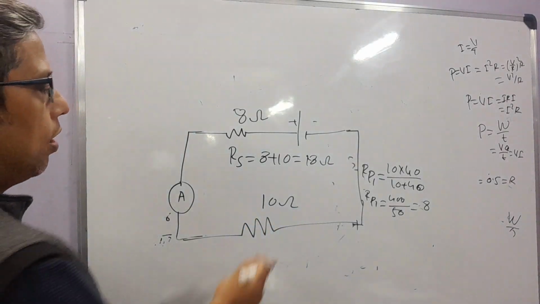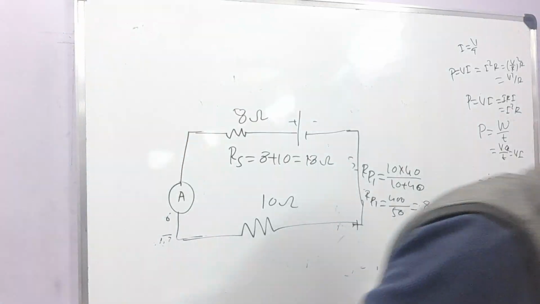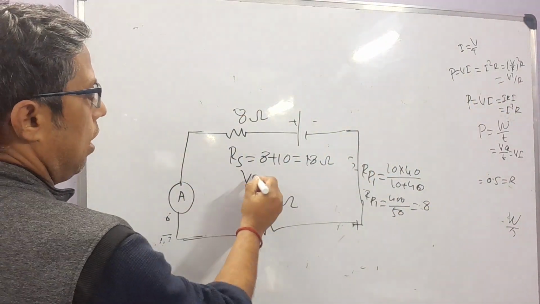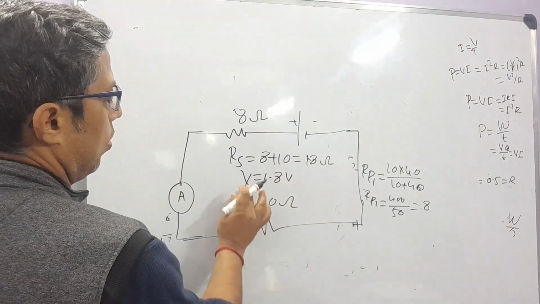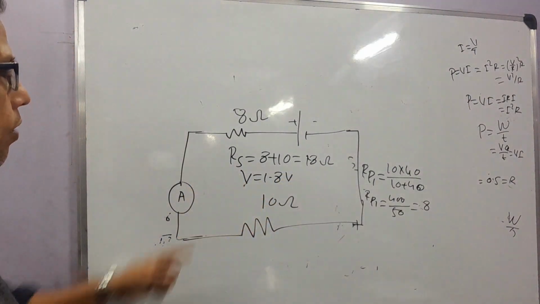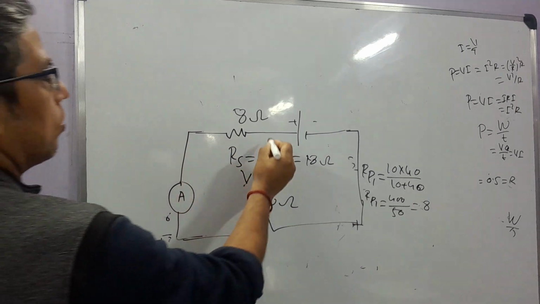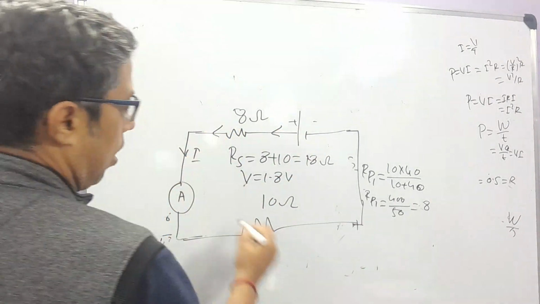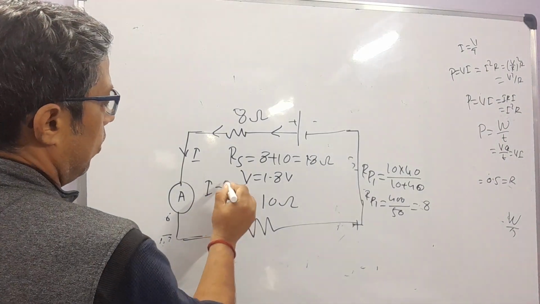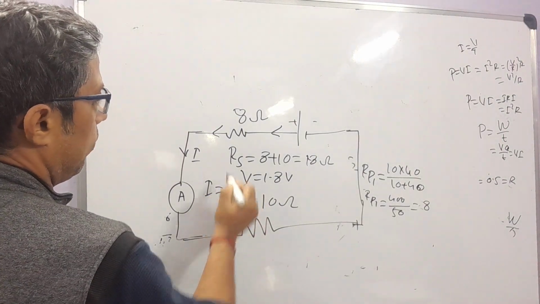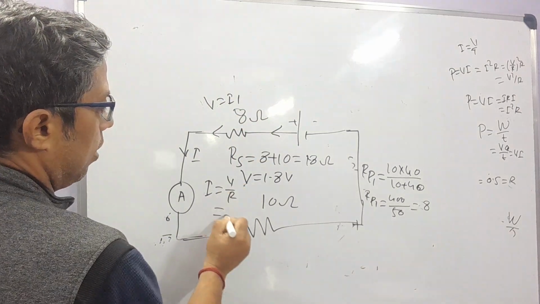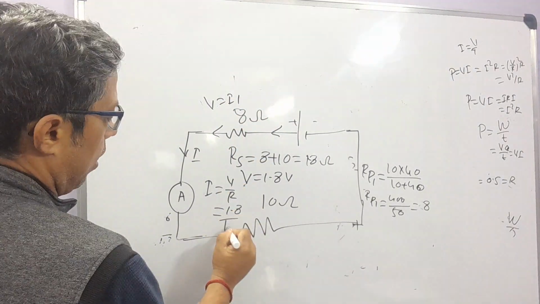Done. Now voltage is here. The voltage they mention here is 1.8 volt. V is 1.8 volt. So what will be the main current in the circuit? It will flow like this, right? From the positive terminal. So I will be, V is equal to IR, so I is V by R, which means 1.8 by 18.